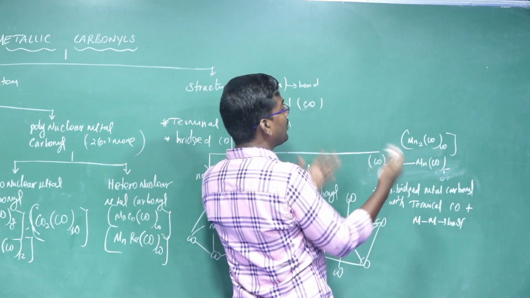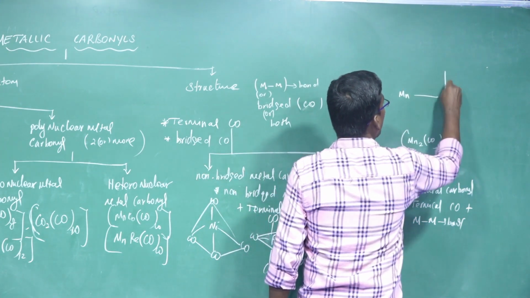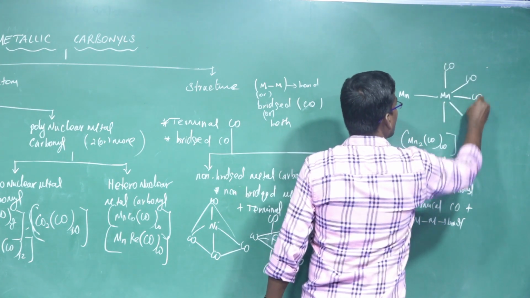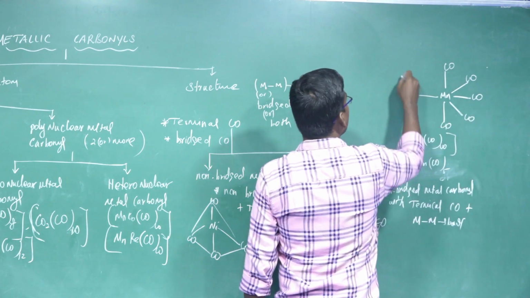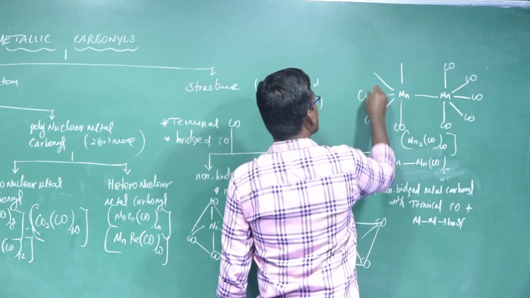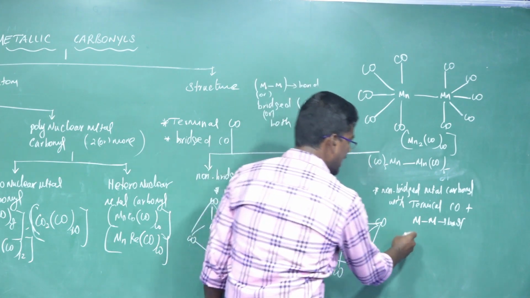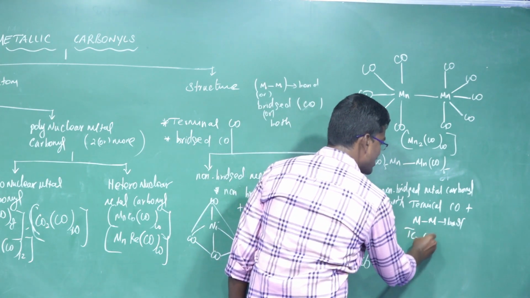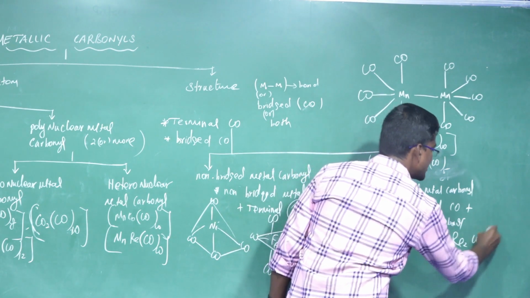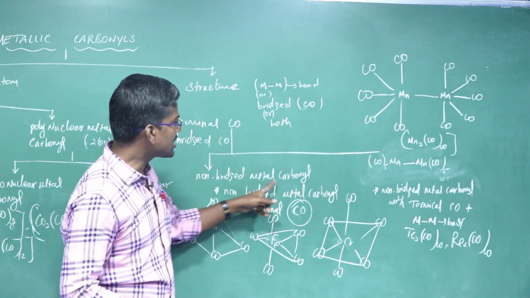This compound can be briefly expressed as manganese bonded to manganese, with 1 2 3 4 5 carbon monoxide ligands on each. Other examples are technetium Tc2(CO)10 and rhenium Re2(CO)10. They are also examples of non-bridged metal carbonyls.